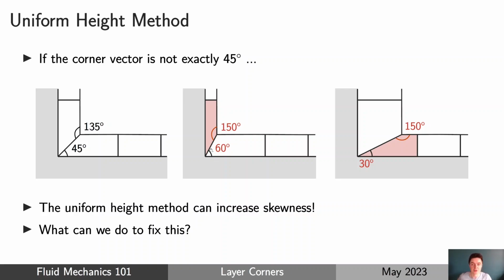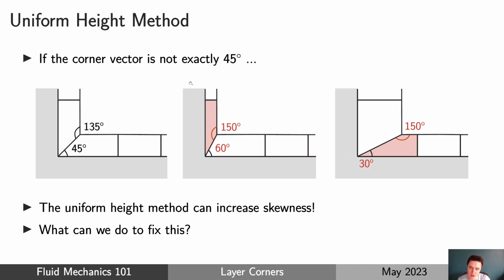So if this corner vector, for example, was at an angle of 60 degrees or 30 degrees, and we projected all the nodes off the surface, you can see that in this case, that angle is going to be increasing towards 150, or if we move this distance here, that angle would be going towards 150 as well, up to 180.